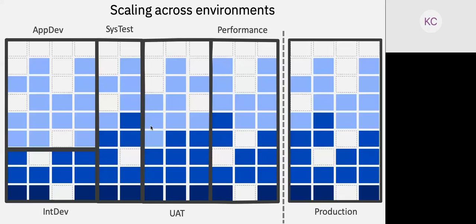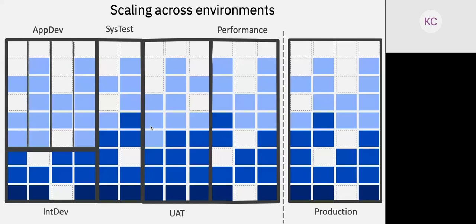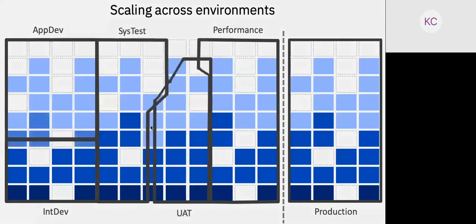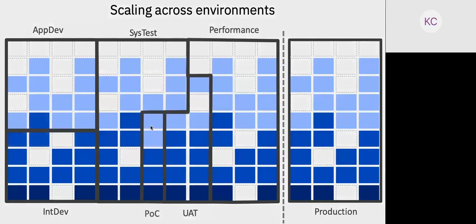And of course, those requirements may change. We may need more power for some tests we're doing in the system test environment or the performance environment. We may need to adjust the proportions. We might need to introduce a whole new environment, like a POC environment that's only temporary. And because we're so abstracted from the underlying hardware, we can do that.